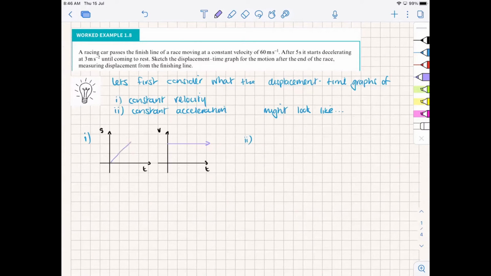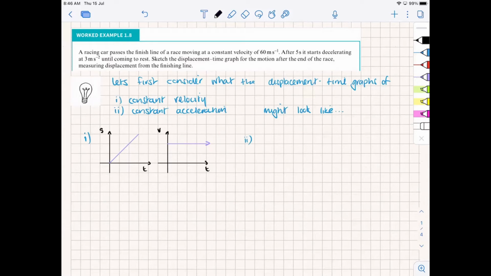A straight line graph has a constant gradient. If you were to take the derivative of a straight line, you would just get a number. So if we are talking about a displacement time graph where we have constant velocity, you can see we're going to get a straight line.